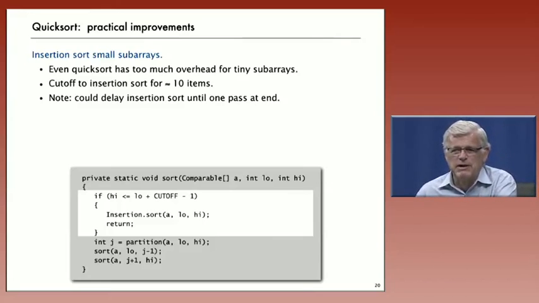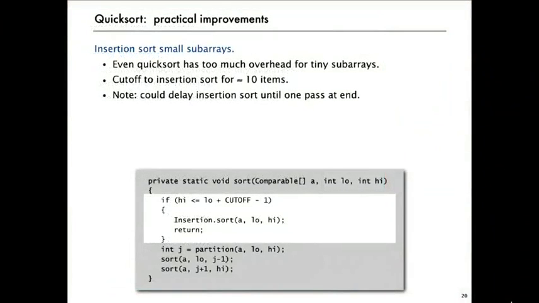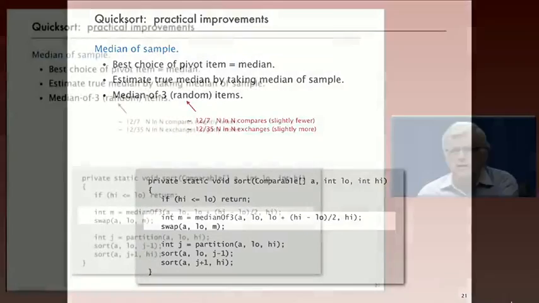So you can implement it to cut off to insertion sort for small arrays. And the exact number is not too critical. Anywhere between 10 and 20 will improve the running time by maybe 20%. Also, you could just not do anything for small arrays and then do the insertion sort in one pass at the end. So that's a first improvement.